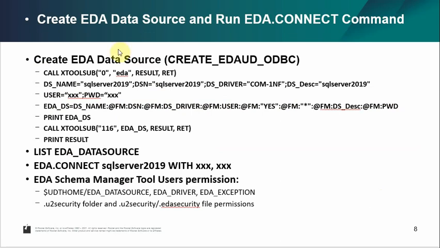After that, you can run the BASIC sample code to generate your EDA data source. After creating it, you can list the EDA data sources, and then connect to the EDA data source with username and password. Then you can make sure the setup is correct.